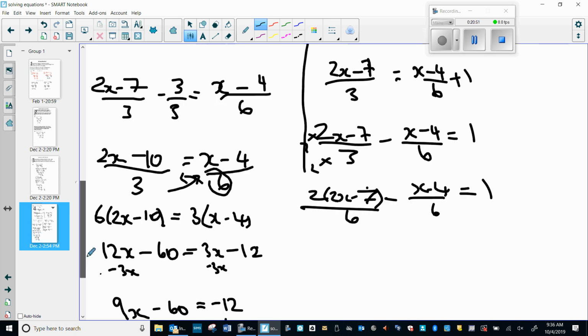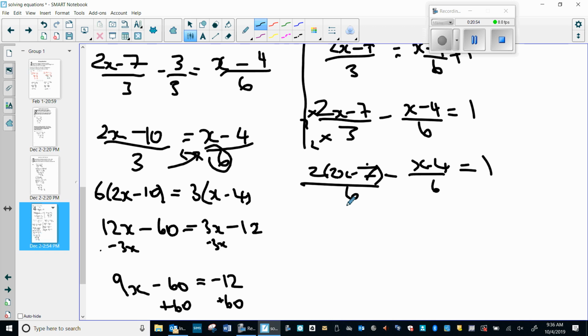Hang on one second, Julia. Why is it 10? Because negative 7 take away 3 is negative 10.